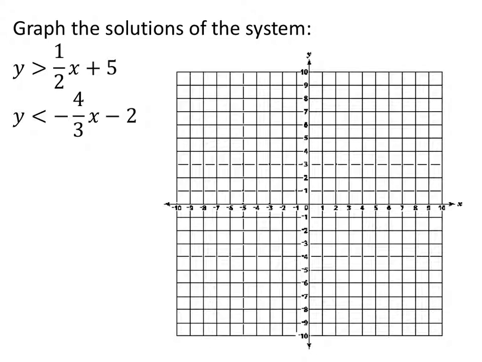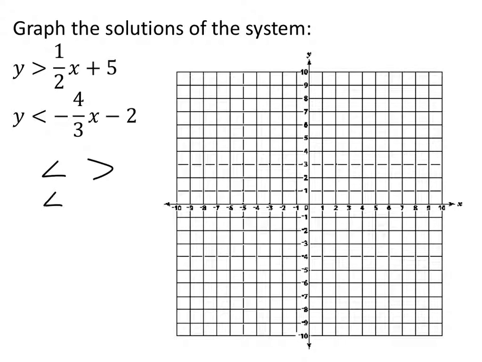But essentially we treat these as though they were equations, and then we graph them and we'll change things as we need to based on what we have, whether it be greater than or less than, and also if it's equal to. If we have greater than or less than, then we're going to be using a dashed line.